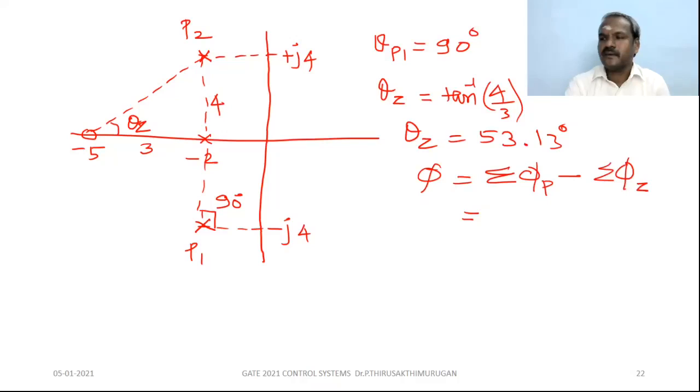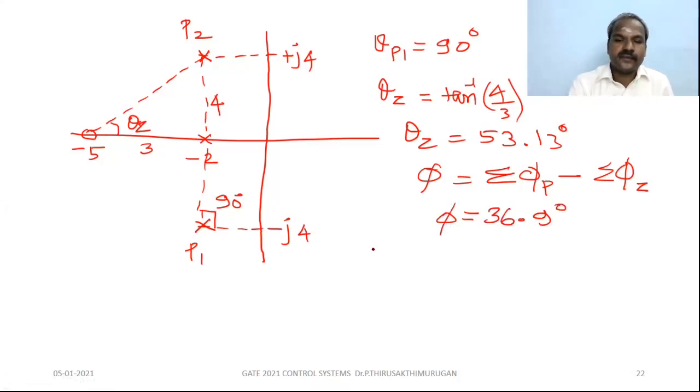So what is the value? Please tell me. 90 minus 53, so 90 minus 53 is around 36.9 degrees. So that is the phase angle.